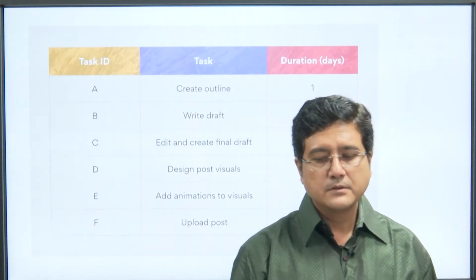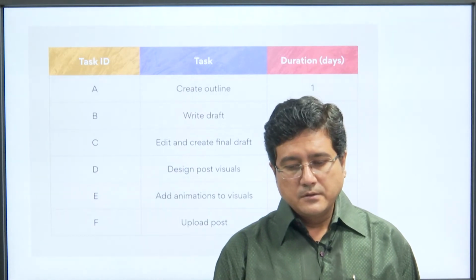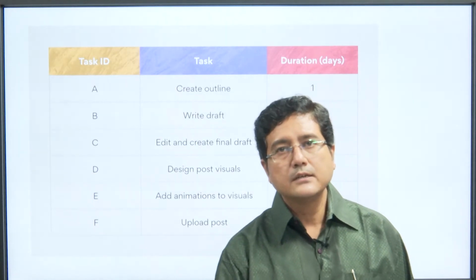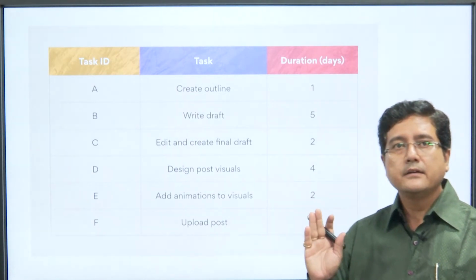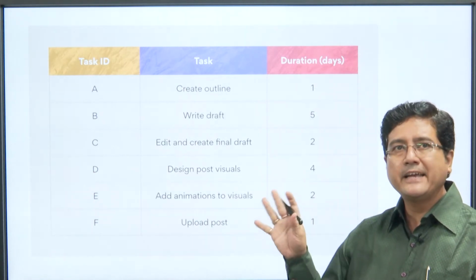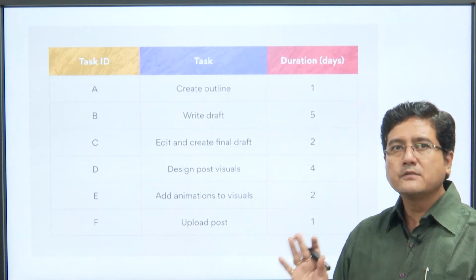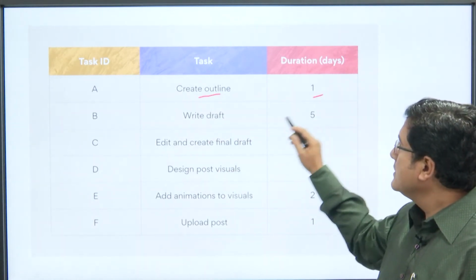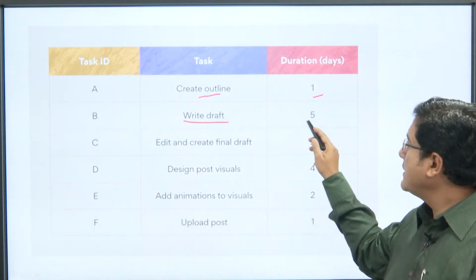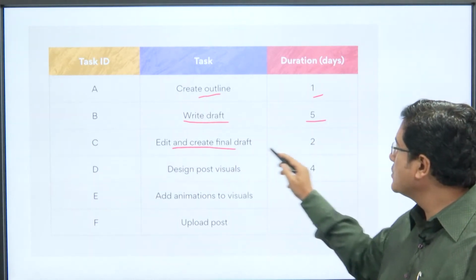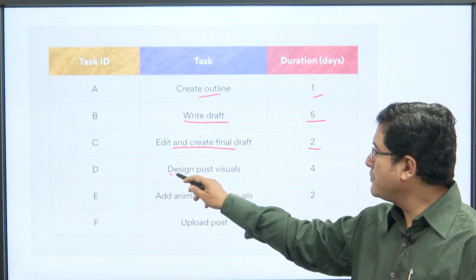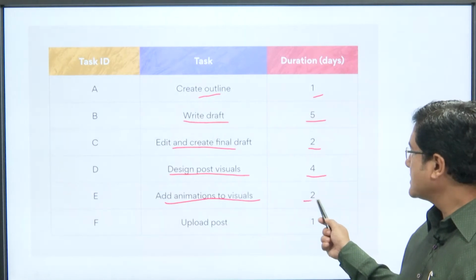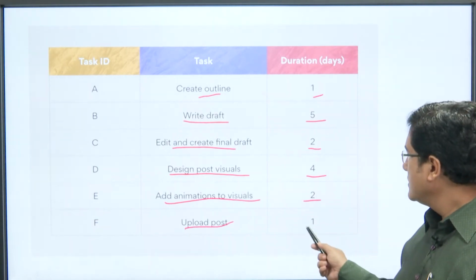See, these are the tasks, and first we give them task IDs A, B, C, D, you can do anything. Task 1, create outline, takes hardly 1 day, draft writing 5 days, editing and creating the final draft 2 days, post design and visuals 4 days, add animation 2 days, and upload the post 1 day.